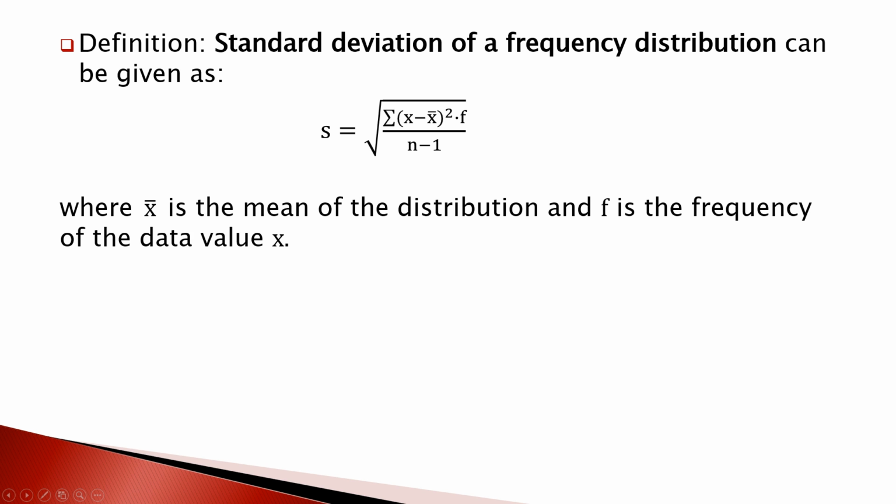So the idea is, once we find the square deviations, we are going to multiply by the corresponding frequency of that data point, okay? Here f is the frequency of that data point x, okay?